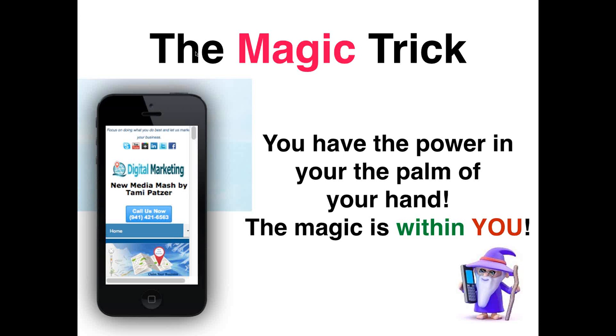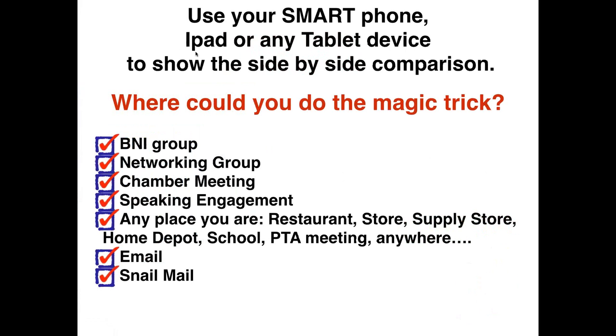Here's the magic trick. You have the power in the palm of your hand if you hold your smartphone in the palm of your hand, and that magic trick is really within you. If you have a smartphone, a tablet, an iPad, some mobile device, and you can get in front of a person or a group of people and show them what their website looks like on that smartphone, iPad, or tablet, you are doing the magic trick.